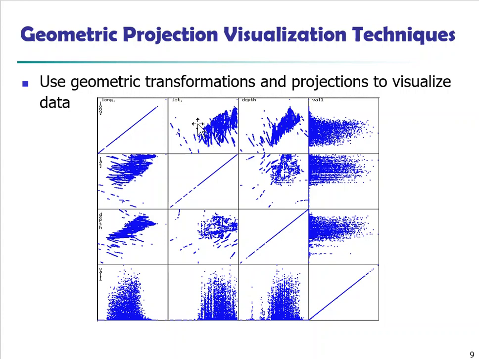This allows us to see the scatter plots, and we can see that if you plot longitude with longitude, you get a straight line, right? They're the same value, so they're highly correlated. This is just a diagonal line. But if you look at longitude against latitude, you can see certain patterns in the data.